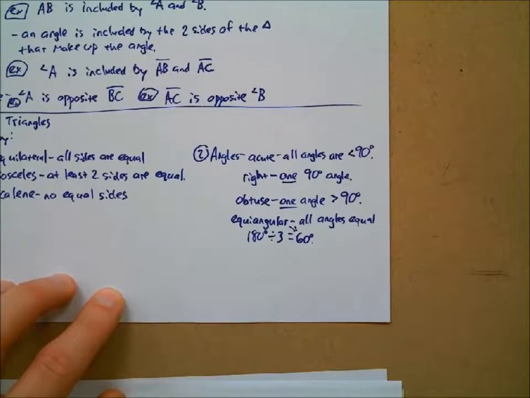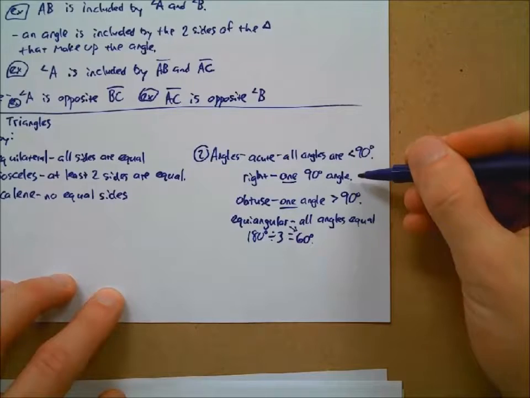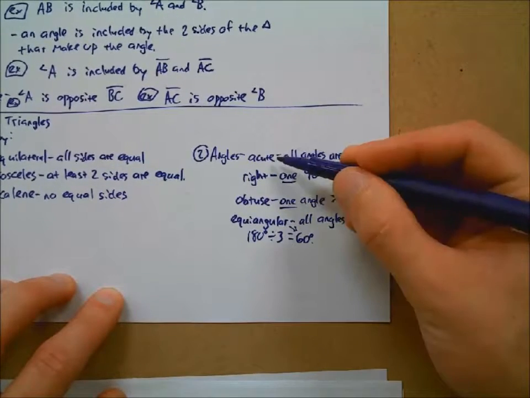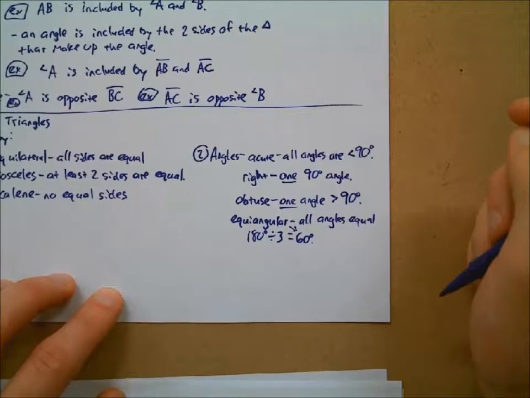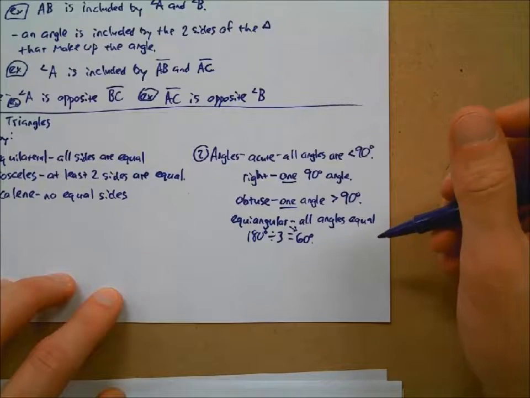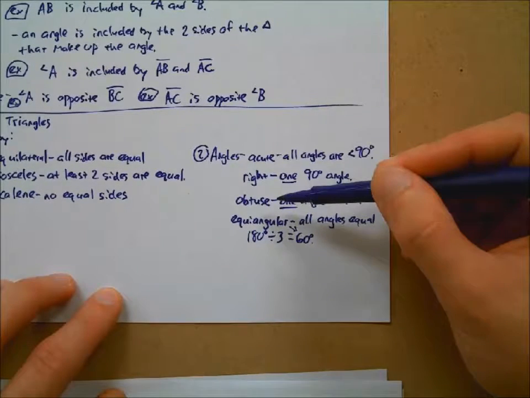If we know that we have a right triangle, what do we know about the other 2 angles? They're going to have to add up to 90, okay? The other 2 angles will also have to be acute too, right? Because they're going to be less than 90. They have to be less than 90 degrees to add to 180 there. Okay? If we have an obtuse triangle, can we have a right angle in it?